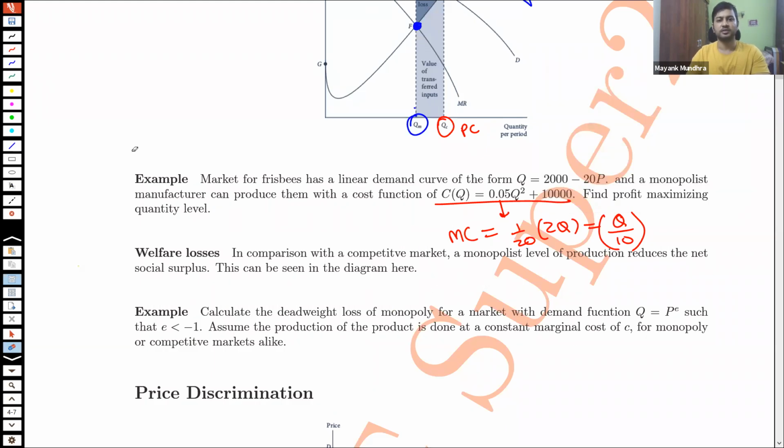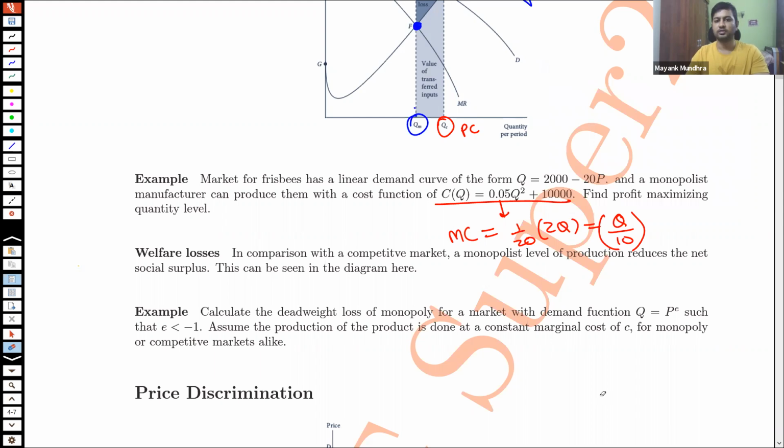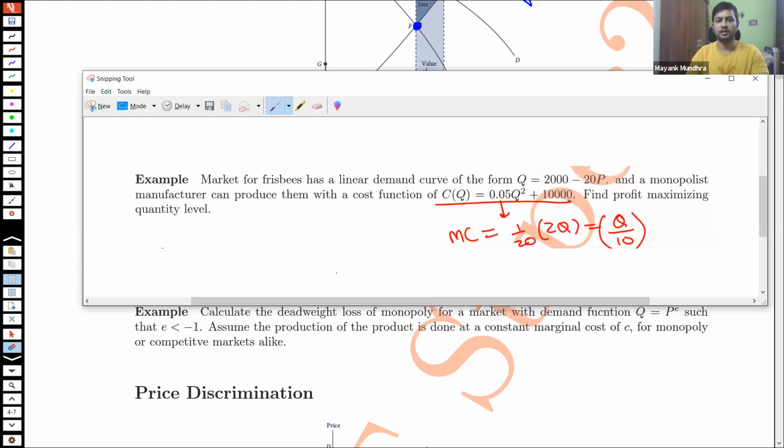This example which we just did. So had this been a perfectly competitive firm, what would have been the social surplus, and what is the social surplus now that it is a monopoly?